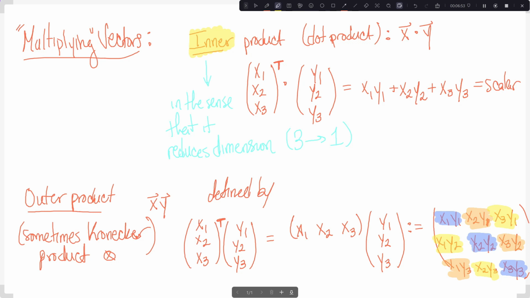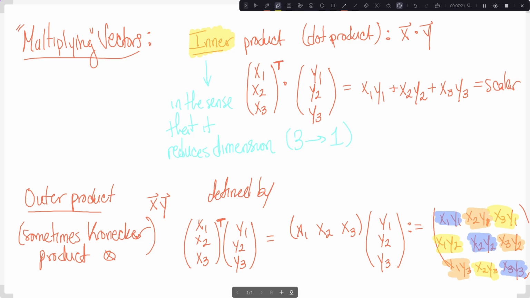And in particular, the way I've colored this, each row has the y fixed and the x varies, and vice versa in each column the x has been fixed and the y varies.